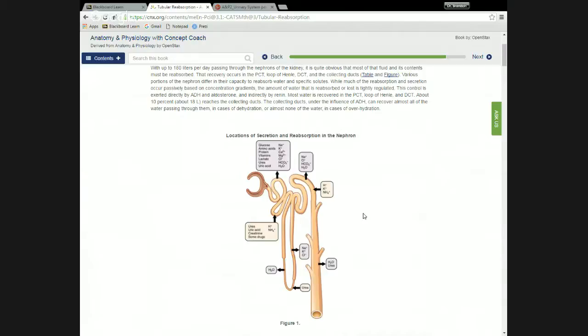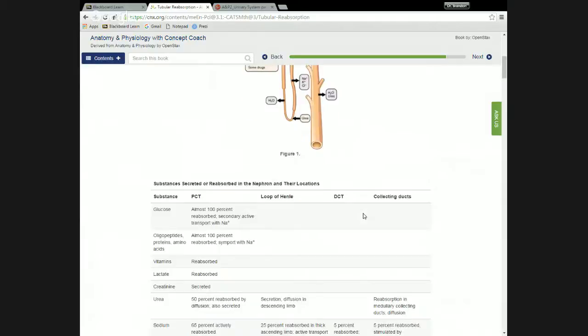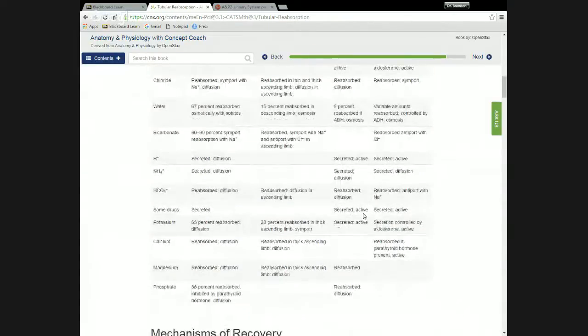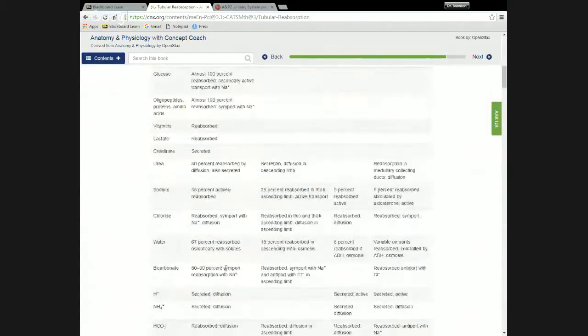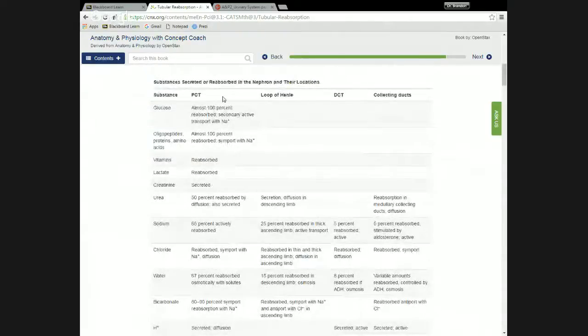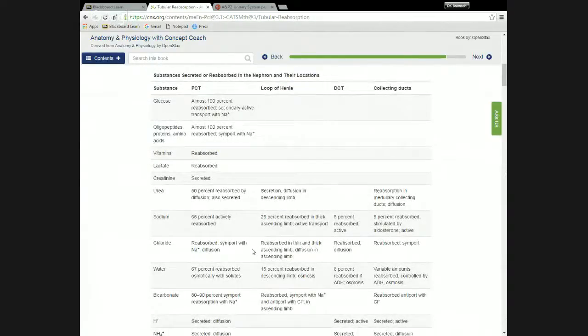And then going back up the loop, sodium chloride and a little bit of potassium get reabsorbed, which is important for concentrating wastes in the urine, which I think comes up a little bit later on. Here is just a table breaking down all the different things, where they're reabsorbed or secreted along the line.